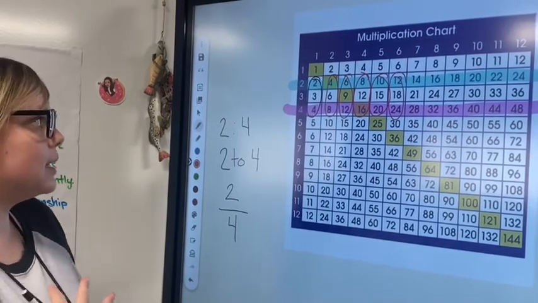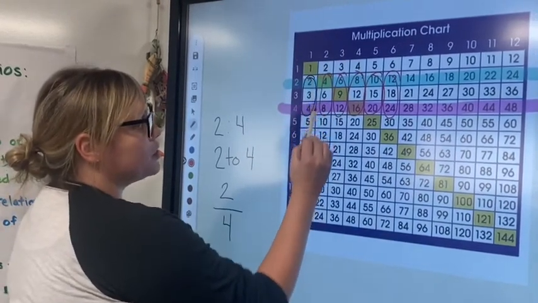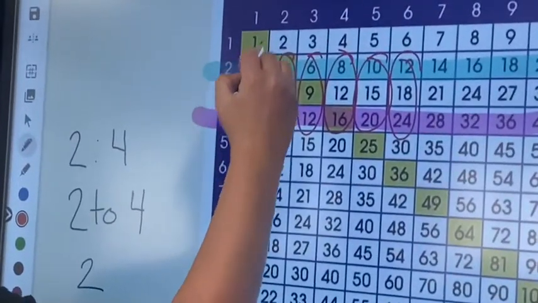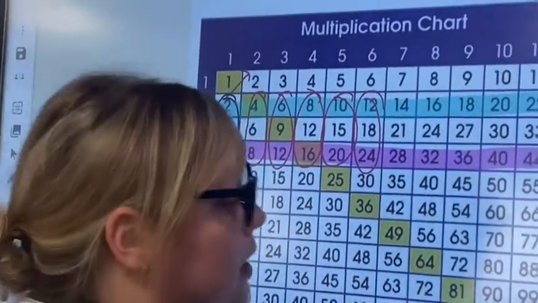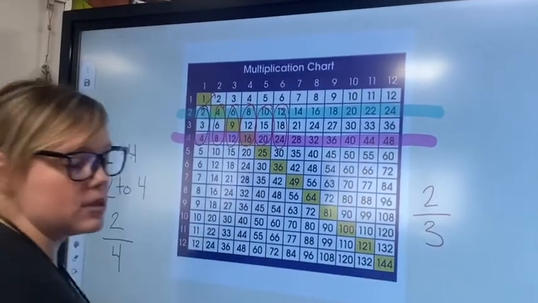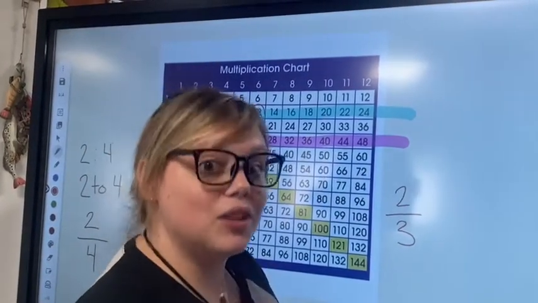So let's say that I wanted to figure out what I multiplied to get 2/4 to be 4/8. Well, if I look up here and I look at 2/3, what I multiply to the top, I multiply to the bottom. You learned that in 3rd, 4th, and 5th grade.